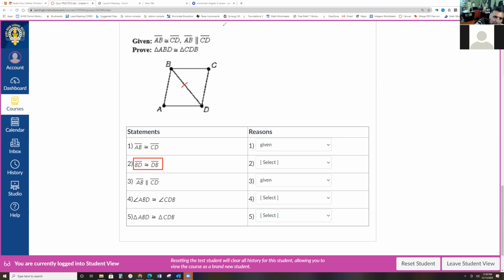It's the same side. It's the shared side. If you look at the drop-down menu, there it is: reflexive property, shared side. Click on that. And let me put some of my stuff in my diagram. AB is this side and CD is that side.